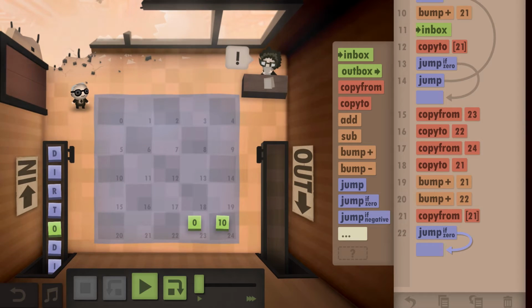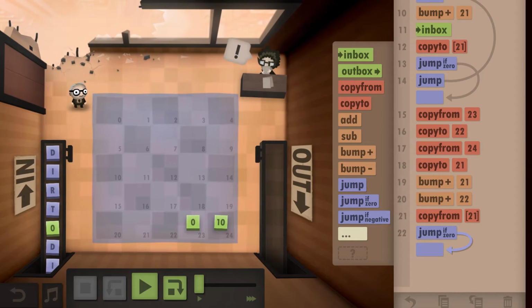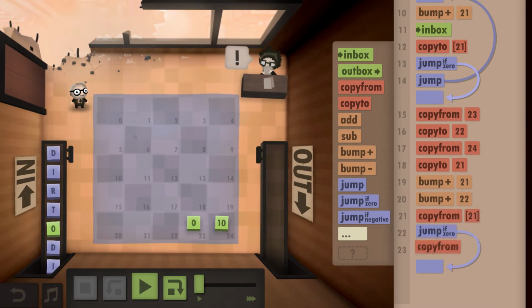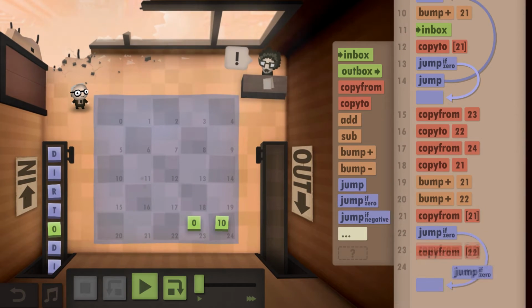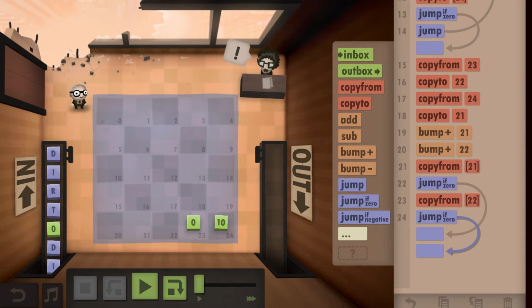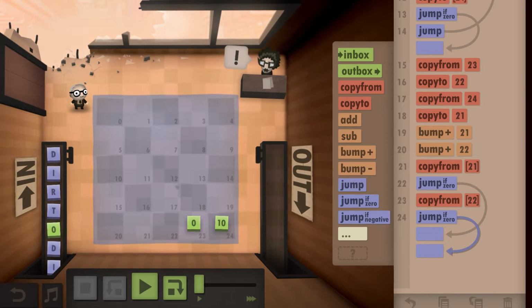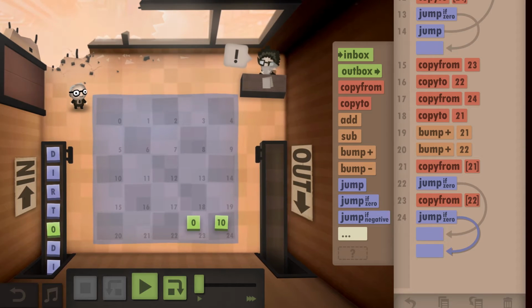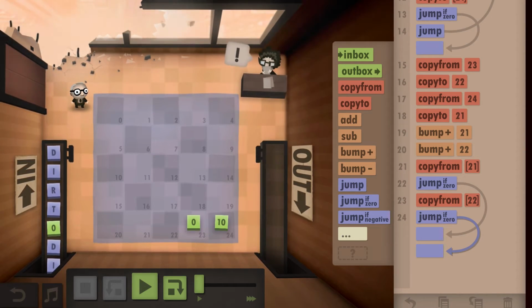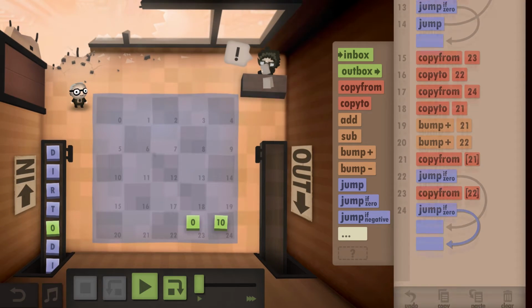And we are going to be copying from, let's see, relative 22, and if that is 0, jumping at the same location. So we're checking to make sure that neither of these indexes are zeroed. Because if they are, there is a problem. It means that there is no word.